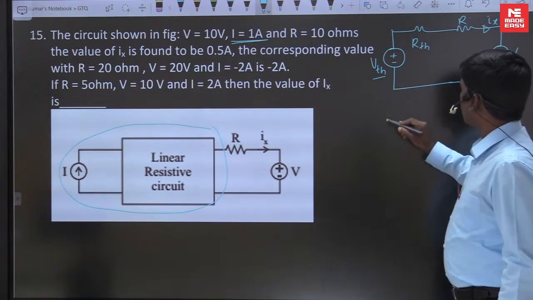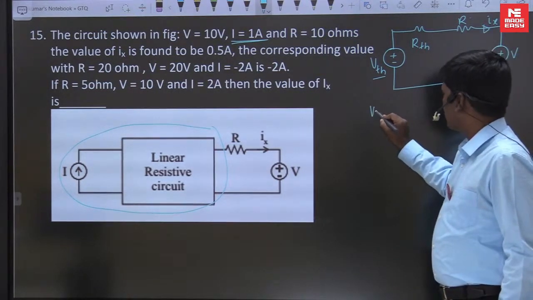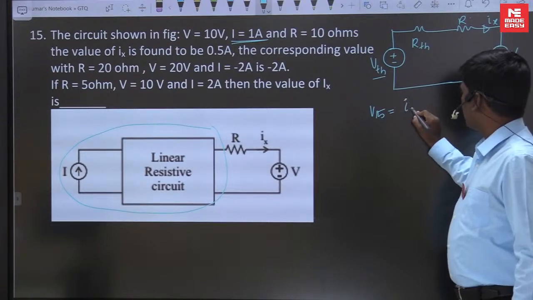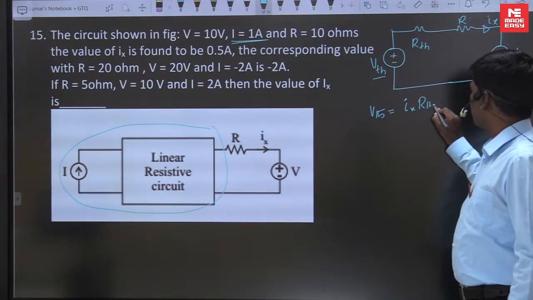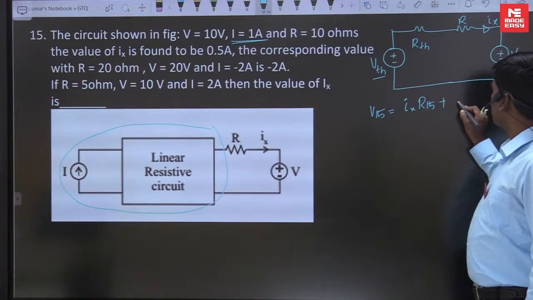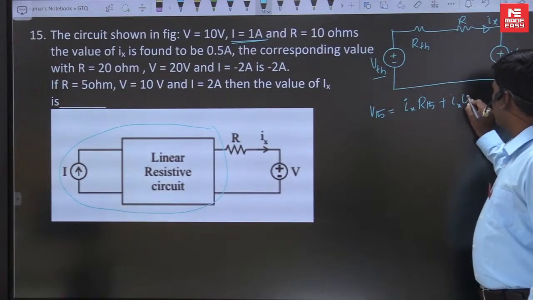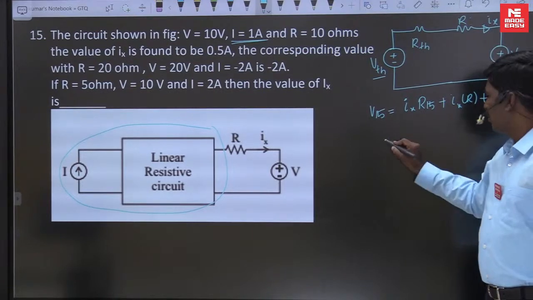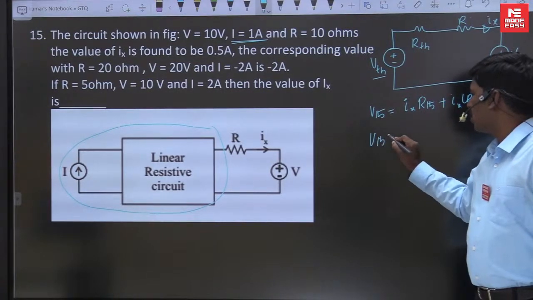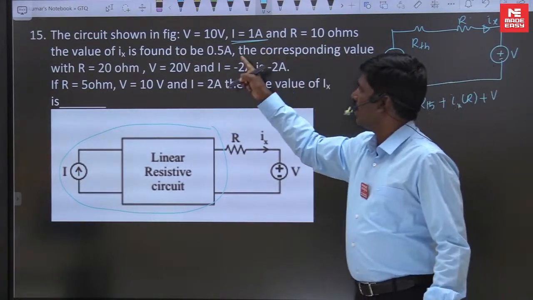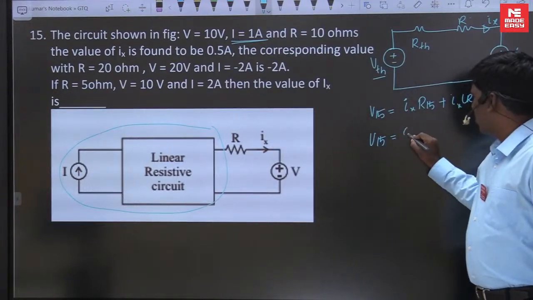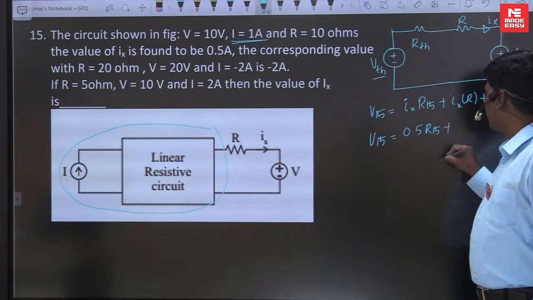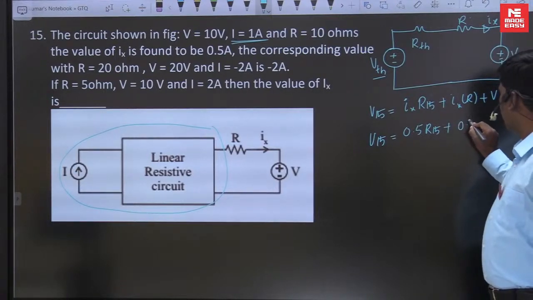This is 10 ohms. So first I write VTH is equal to Ix into RTH. KVL gives plus Ix into R plus V. So VTH is equal to Ix, substitute the value from the first information. Ix value is 0.5, so 0.5 RTH plus 0.5 into 10.